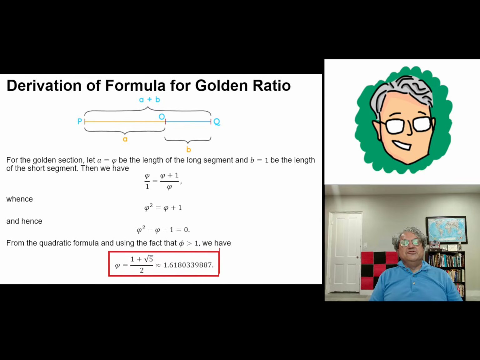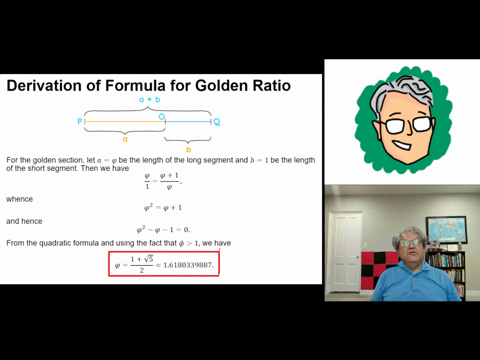So we can turn this into an algebra problem. There's no reason we have to use A and B. We can scale this thing. I think it's most convenient to let B equal 1 and A be the golden ratio, phi. So A to B is phi to 1, or phi, and that's also equal to phi plus 1 over phi.